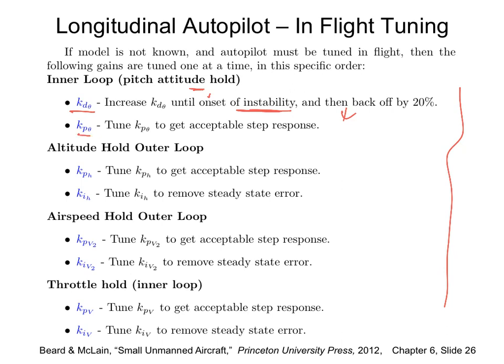Then you increase in one direction if the performance is improving, and keep increasing or decreasing until the performance stops improving. So you fix your kp theta there. These are some tips for tuning. The gains that you compute by comparing coefficients will be the first cut, and then you tune your gains.